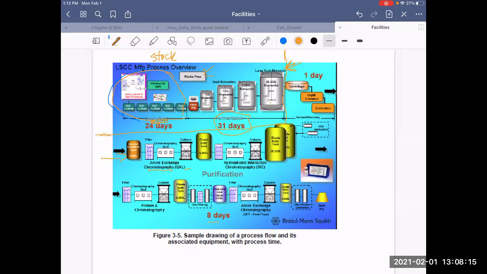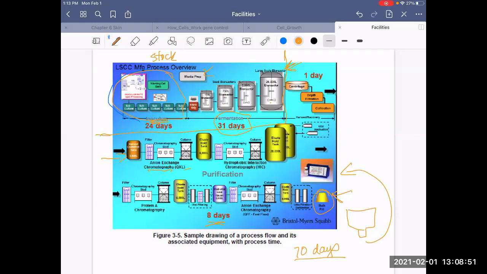Okay, and then we end up with, they're saying about 8 days to purify it. Okay, and they're putting it in a bulk fill. So it's going to be in this big stainless steel vessel before they formulate and fill and finish it in order to get it to that step. Okay, so it'll be what, how many? So maybe 60, 70 days to get a product going.